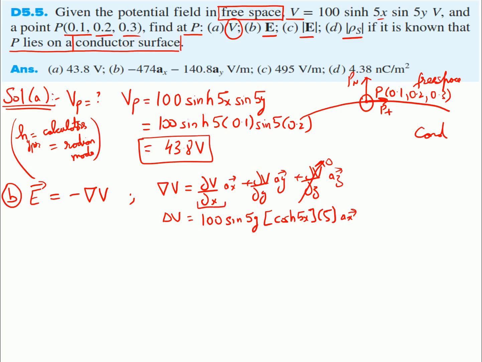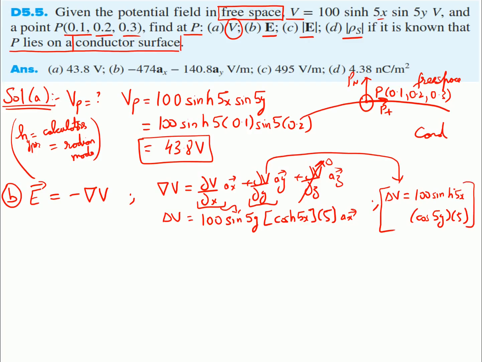Now let us find the partial derivative for the second part. It is going to be similar to the first one, so it is going to be 100 sinh 5x, and then you multiply it with the derivative of sin 5y, which is cos 5y multiplied with 5. So this is the partial derivative of the second term.